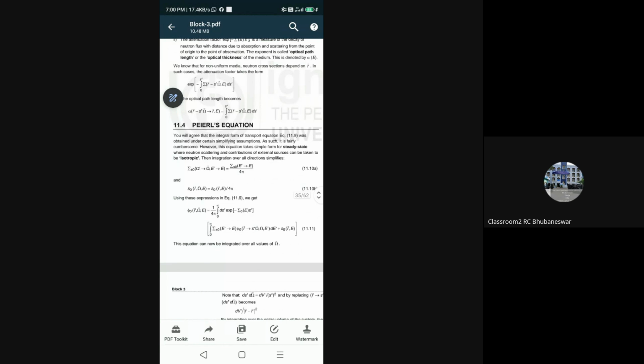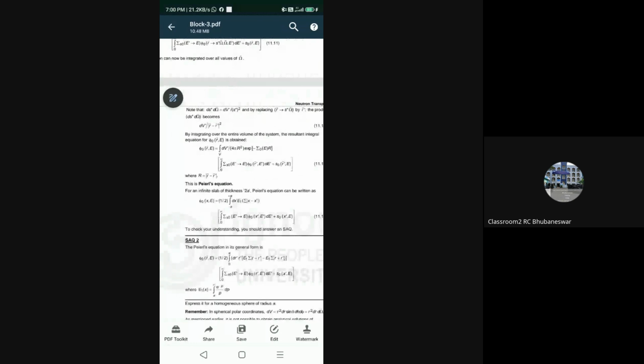So, this can be written as phi 0 equal to the integral of dV dash by 4 pi R squared, exponential minus sigma 0 R, integral from 0 to infinity of sigma s0 phi 0 dE dash plus S0, where R is equal to r vector minus r dash vector.